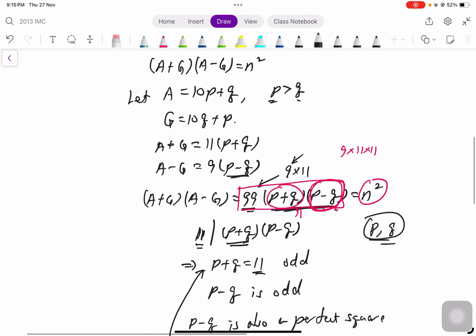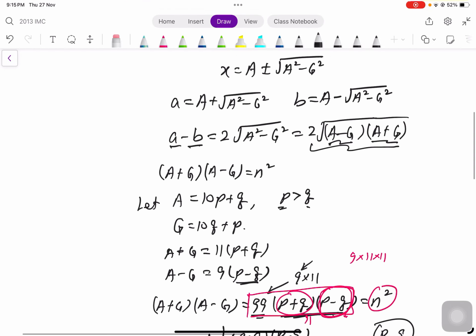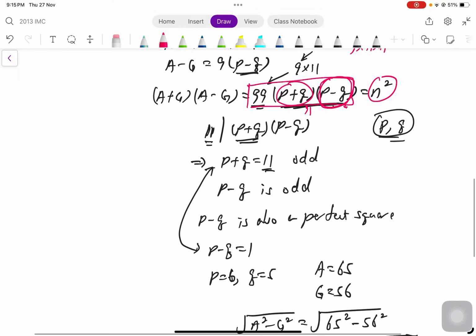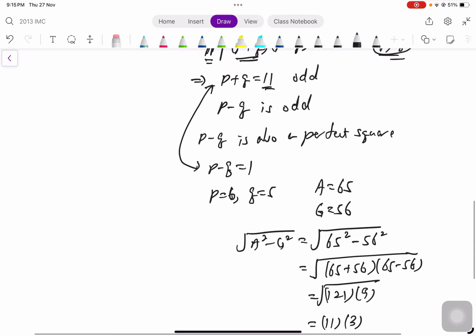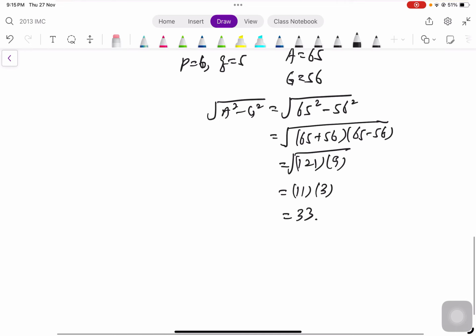Now remember, our small a is actually this one. Therefore, our a is actually A plus square root of A squared minus G squared.